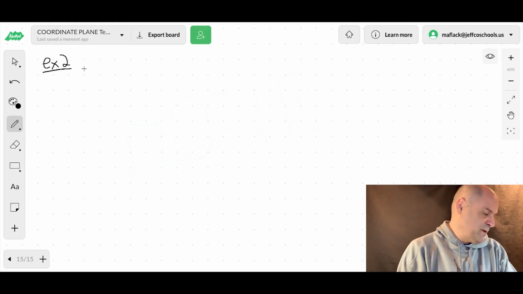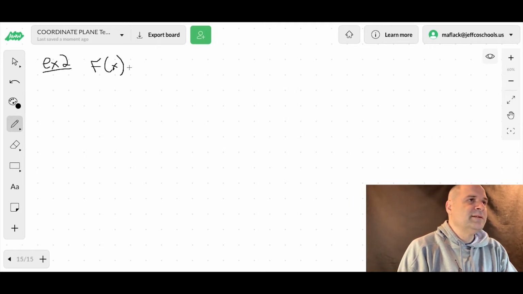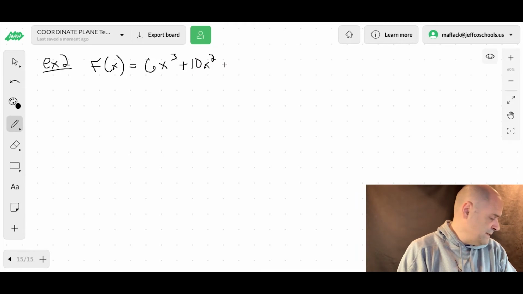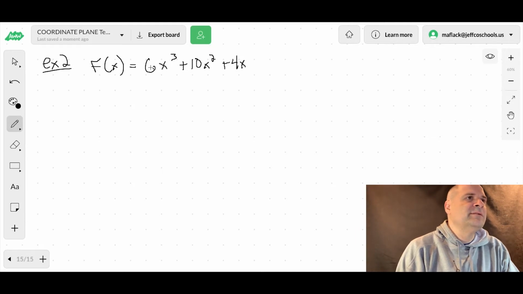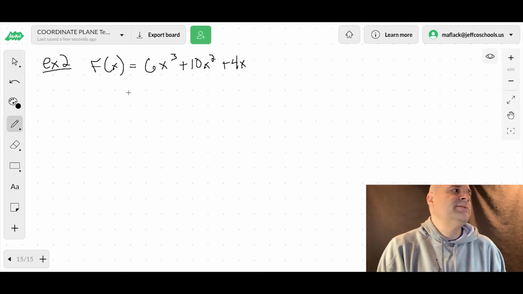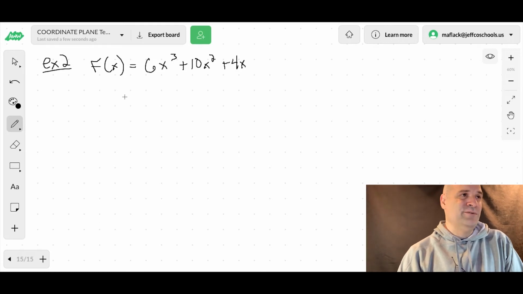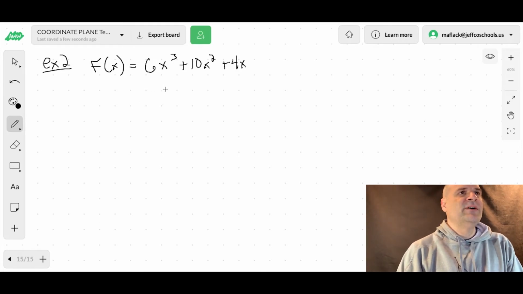Find the zeros of this polynomial function. F of x equals 6x cubed plus 10x squared, oh my, plus 4x. All right, we could do this. So first step to solve by factoring is to find a greatest common factor of these 3 terms.